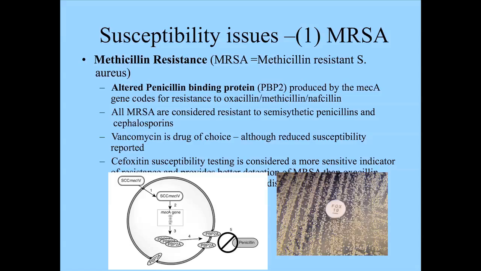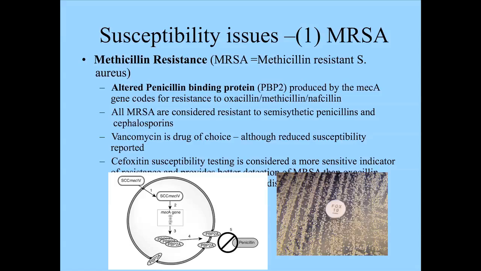You do not need to do laboratory testing to prove this. It's by definition. This makes vancomycin one of the drugs of choice. There has been a creeping increase in MIC values of vancomycin for Staph aureus, but vancomycin still is often the drug of choice for MRSA.